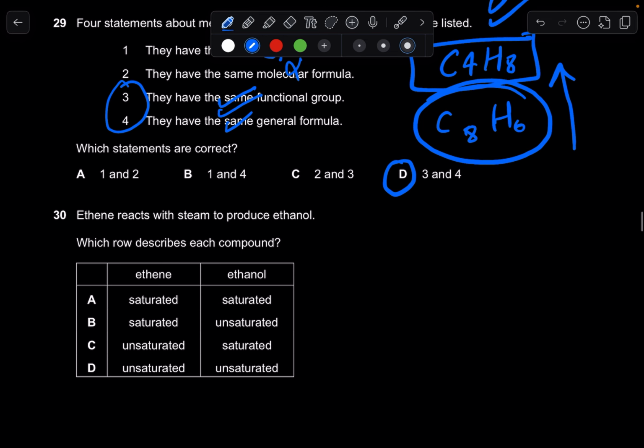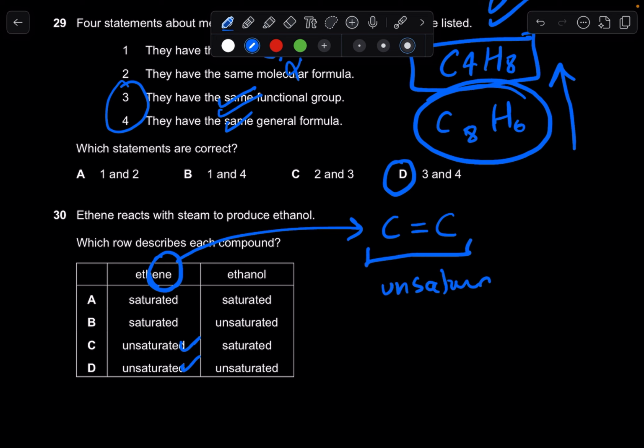Okay, ethene reacts with steam to produce ethanol. Which row describes each compound? Ethene, because it has the 'ene' ending, means a carbon-carbon double bond, so it's going to be saturated or unsaturated? It's going to be unsaturated. Why? Because a double bond shows unsaturation. And ethanol is going to be saturated because ethanol does not have a carbon-carbon double bond.